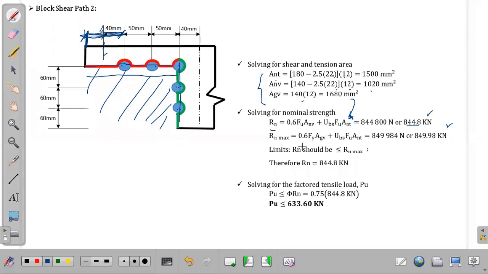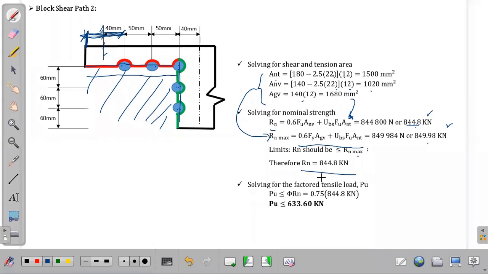So saan nakuha to? Dito sa equation. You just have to substitute this value dito sa equation. Okay? So that is equal to 849.98 kilonewton. Okay? So Rn should be less than Rn max. So 844 is less than 849. Therefore, our Rn is equal to 844.8 kilonewton.